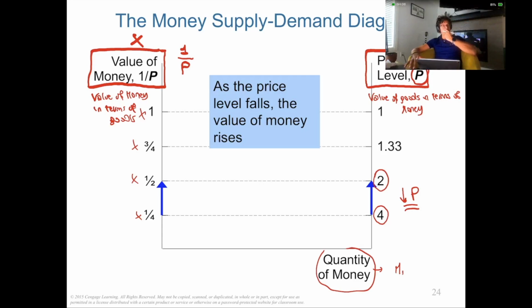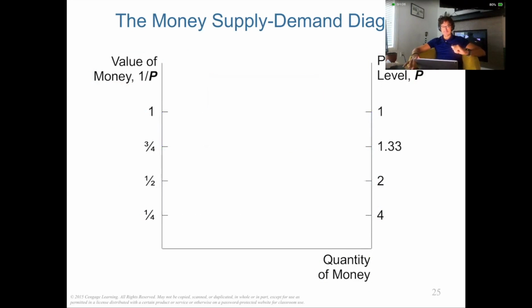So as the price level falls, a decrease in the price level, the value of goods in terms of money goes down, here from 4 to 2, while the value of money goes up from 1/4 to 1/2. And it keeps going in this process.